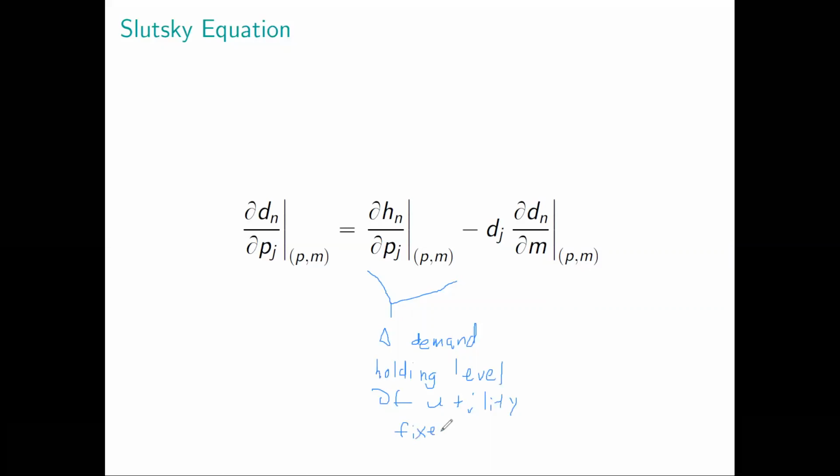Right, so this is how you would change your demand if you were minimizing expenditure and just a price was changing. So this is related to just a price change of the Marshallian demand.